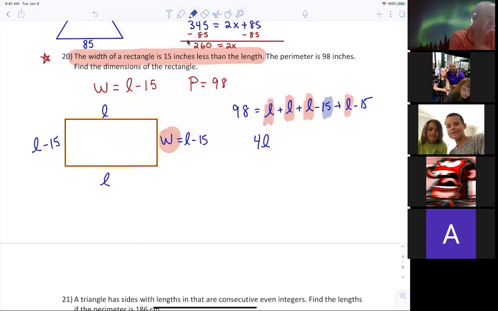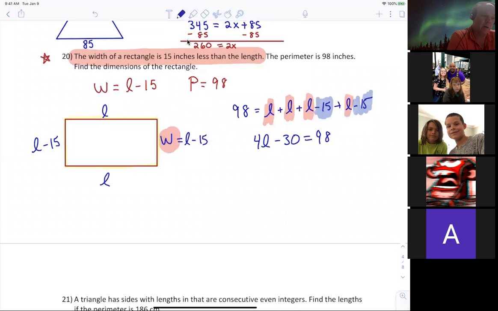Negative 15 and negative 15. What's that? Negative 30. Thank you. 4L minus 30 equals 98. That's what we have. Anybody have any questions with that?